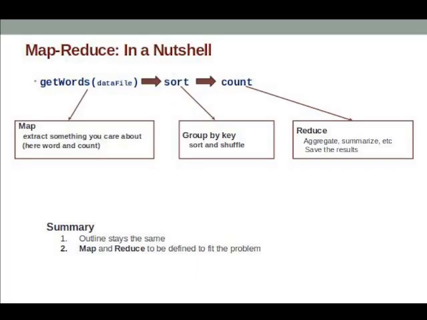So here the basic large object is the data file that is accessed in the getWords function, and that is mapped to extract some words and count. This getWords function is piped to the sort function that is stored in the object data store.